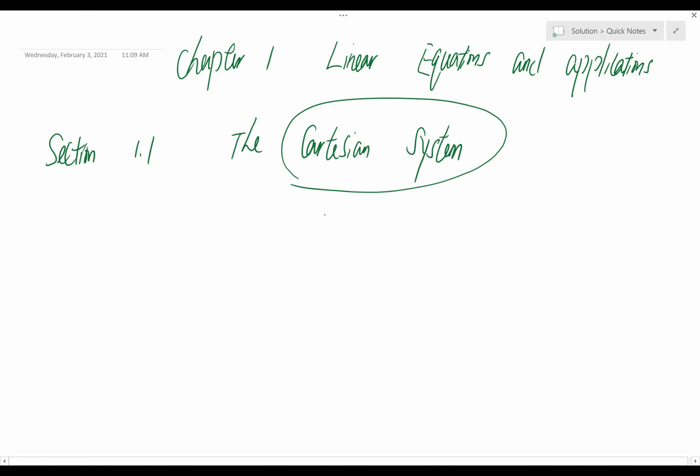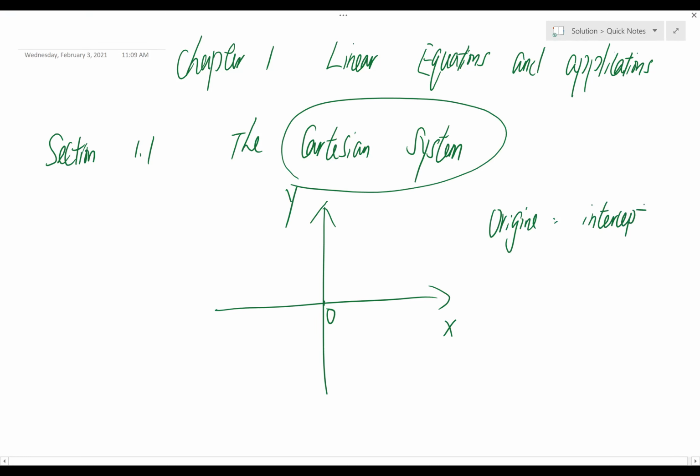So Cartesian system basically comes with two important elements. First one is x-axis and then y-axis. And then the intercept of x-axis and y-axis, what we call origin, right? Okay, so origin is the intercept of x-axis and y-axis.